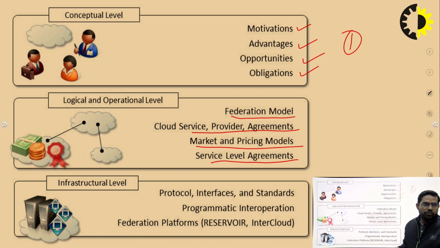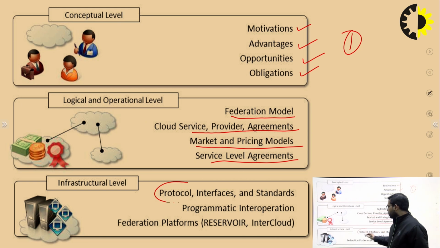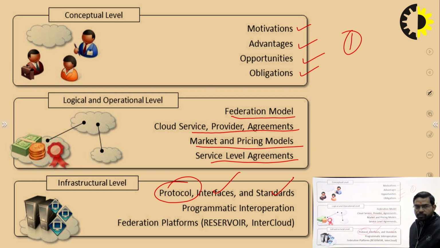Next one is the infrastructure level. In this infrastructure level, basically we work on the infra part: what kind of protocols, what interfaces, what standards to follow, what is the programmatic interoperation, and what is the federation platform, like Reservoir or InterCloud. So these are some.